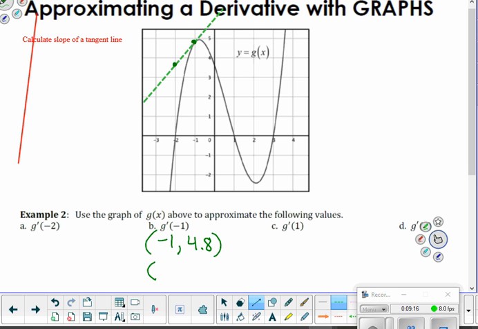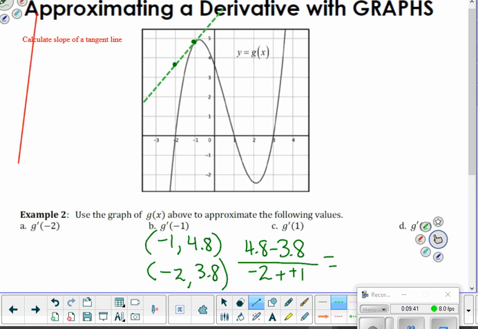And that would be what? At -2, 3.8? Close enough. Then I'm going to go 4.8, difference of my y's over the difference of my x's.